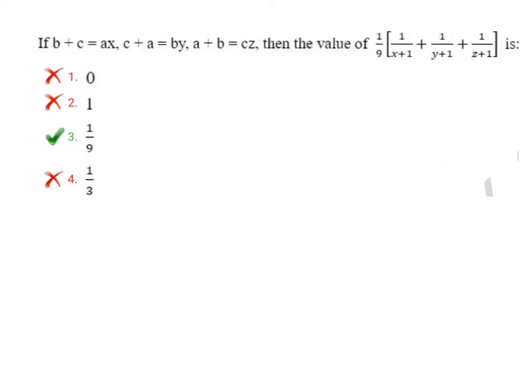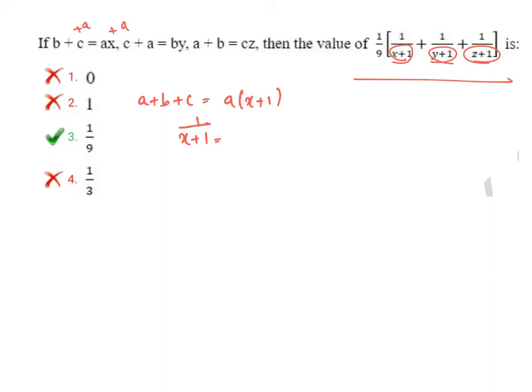Next, they have given b plus c is equal to ax, c plus a is equal to by, a plus b is equal to cz. Then the value of 1 by x plus 1, and so on. Here we need x plus 1, y plus 1, z plus 1. So you add a to both sides, then you will get a plus b plus c is equal to a times (x plus 1). So x plus 1 will be simply (a plus b plus c) by a.